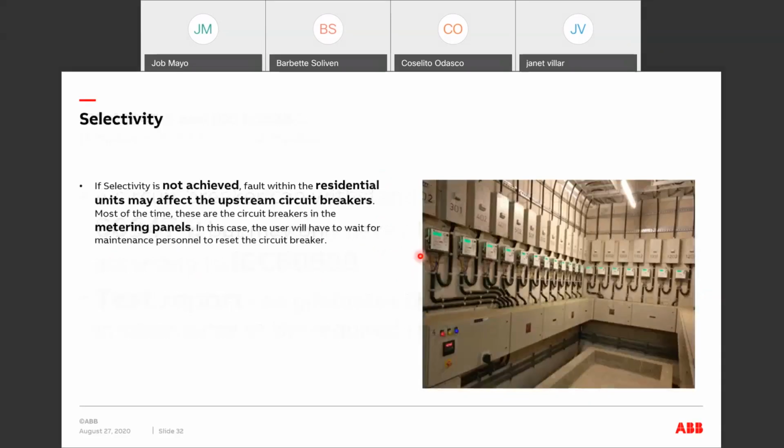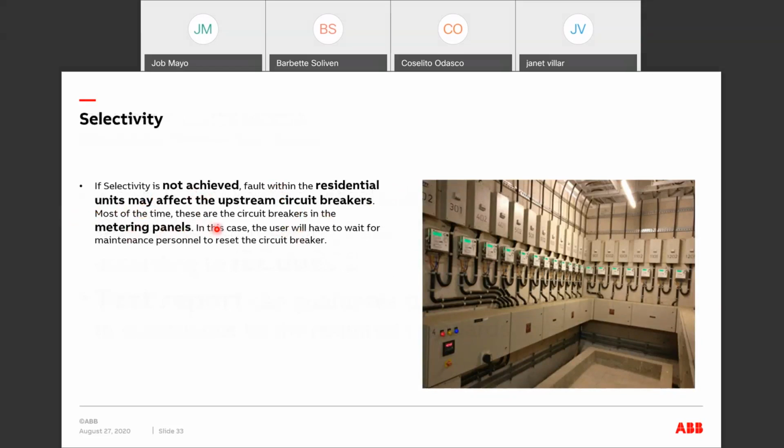So why is selectivity important in all of these? Basically, if selectivity is not achieved, a fault within the residential units may affect the upstream circuit breakers. Most of the time, these are the circuit breakers in the metering panels or inside the electrical room.